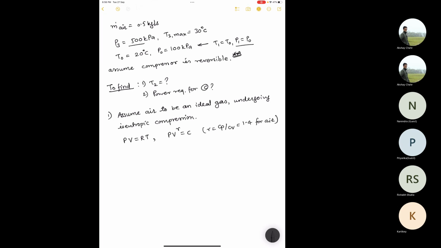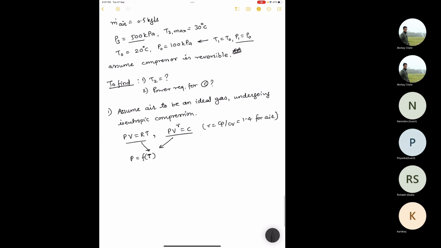Generally for diatomic gases, it is 1.4. So you have these two equations, and you need a final expression giving you pressure as a function of temperature or vice versa. Because you don't want to deal in volume, since when you do the compression or expansion in a turbine, volume continuously changes, and it's better to deal in pressure and temperature.